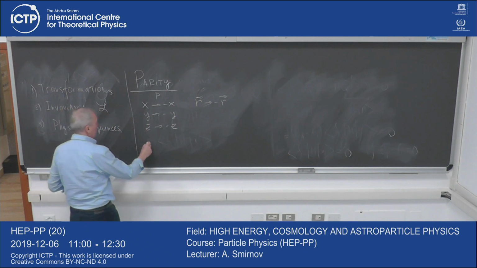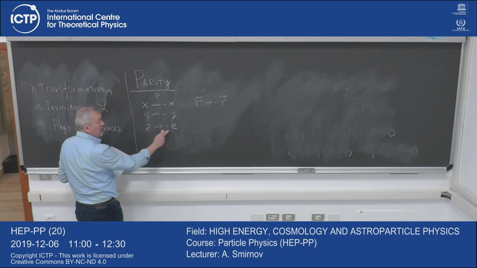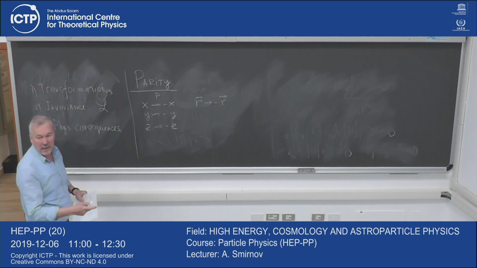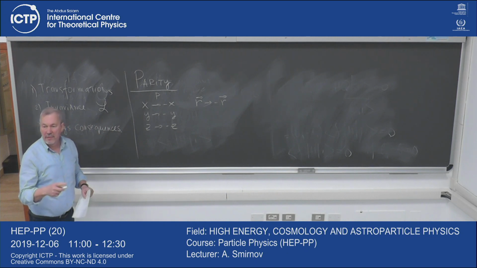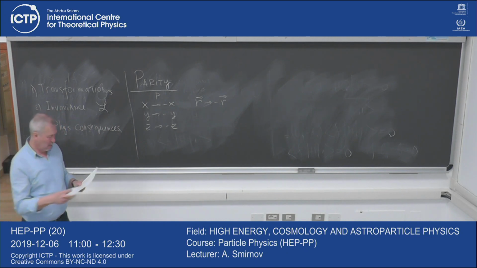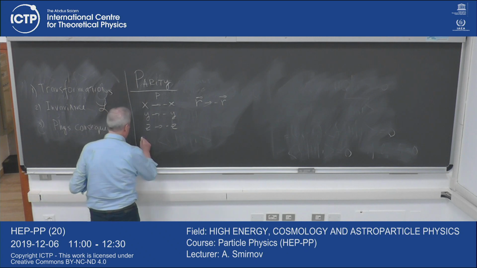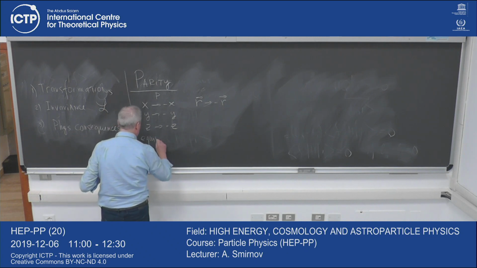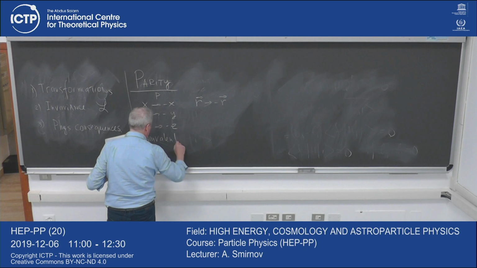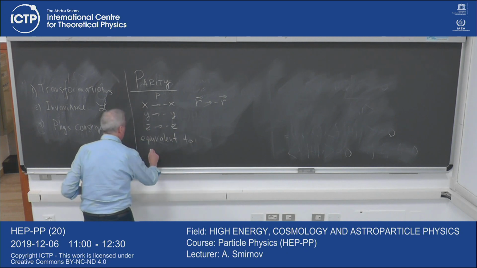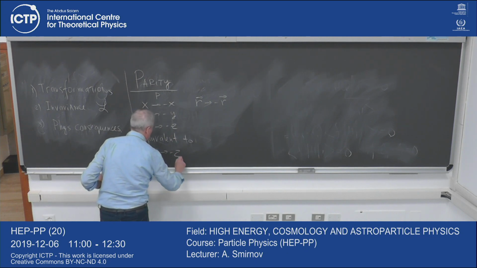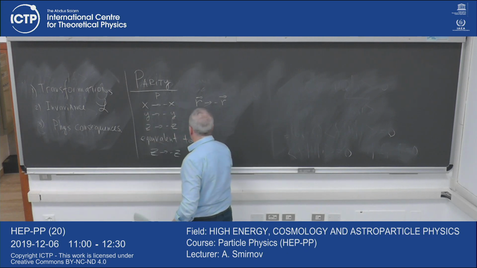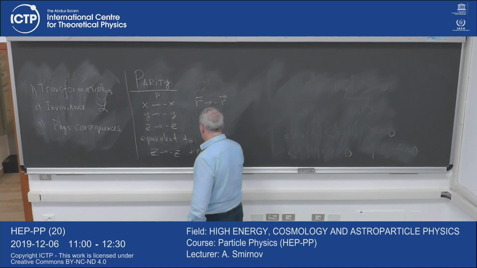This is equivalent to just changing the sign of one of the coordinates, and then you can get the same if you do rotations in addition. So that is equivalent to just z goes to minus z plus rotations, and then you get the same result.